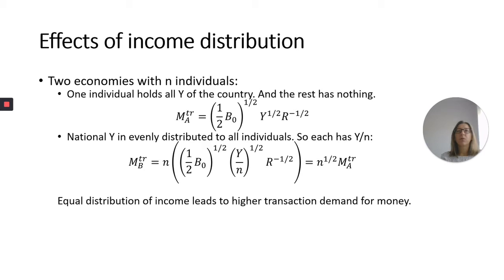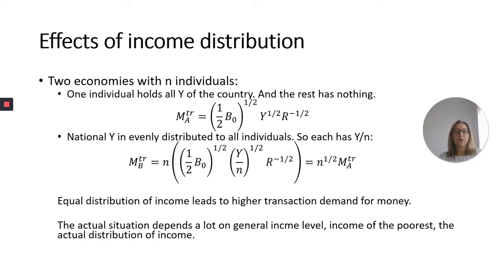Honestly, when we talk about particular countries, the transactions demand for money should be estimated separately, because none of the countries are like A or B. They all are somewhere in between. And then there are many questions which we need to discuss. Even though the income distribution may not be that even, what is the income level of the poorest people?